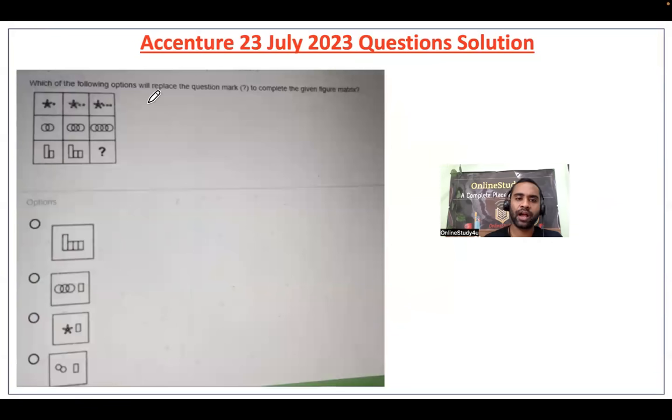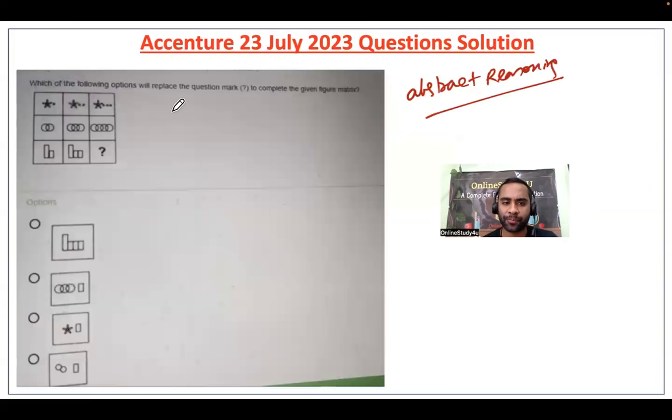Okay, now again from the abstract reasoning, friends, which of the following options will replace the question mark to complete the given figure matrix? Now, here one star, after that one dot. So the second image which is there is repeated again. Okay, and then it is repeated twice.